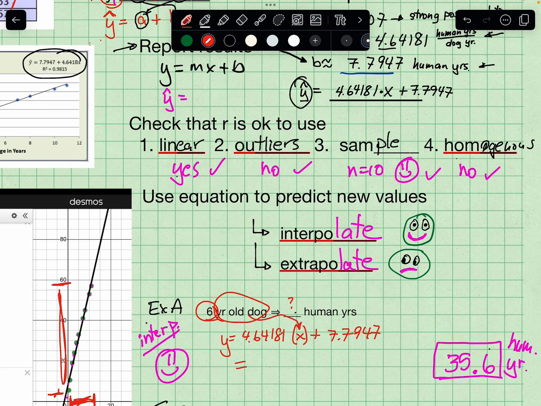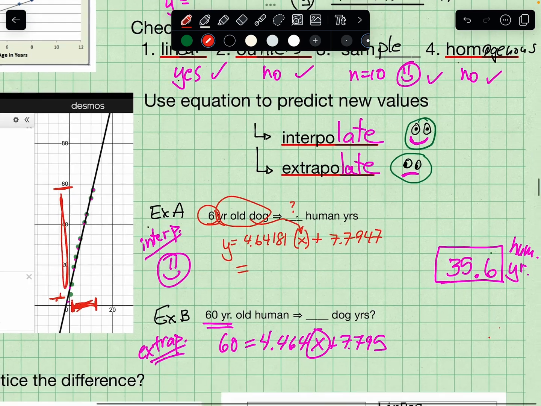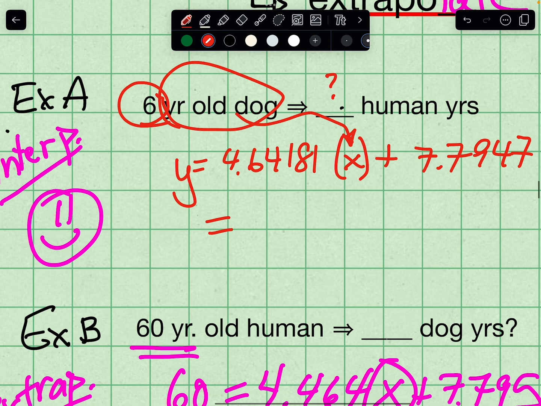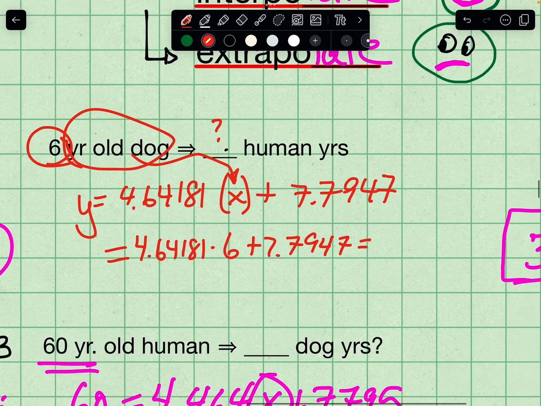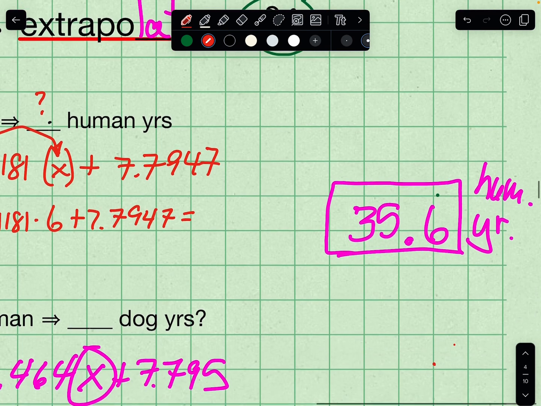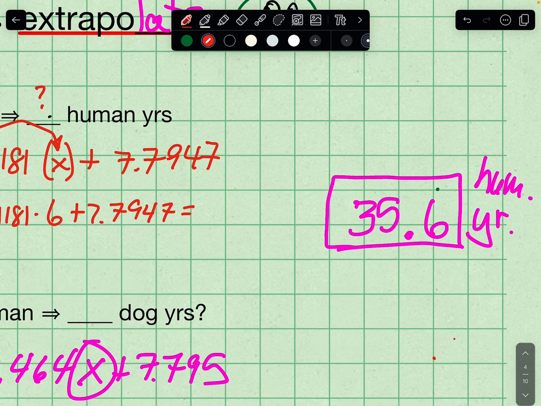So grab your calculator, multiply 4.6418 times 6, add that to 7.7947, and tell me what you get. Hopefully you got something like 35.6. Reminder, that would be human years, right? Okay?